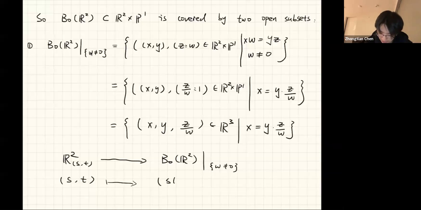So we'll just let this point send to (s, t). And this is an isomorphism, meaning these two are the same. So far so good. We can identify this set with this affine plane, right? Because this relation tells us the first coordinate is already determined by the rest of these two.